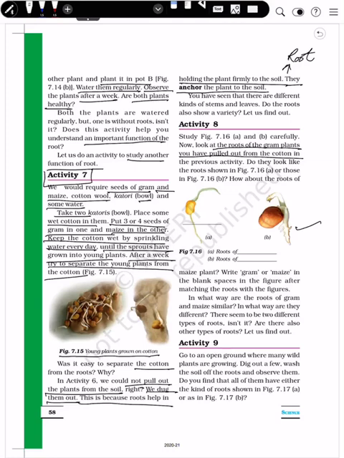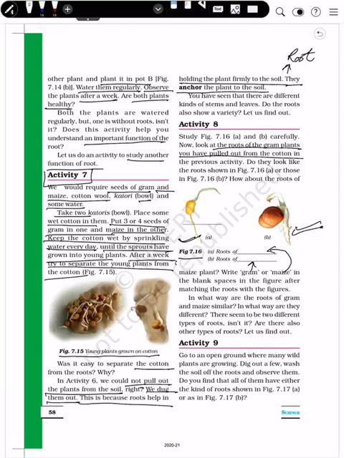In B you can see the roots have the same structure as shown in 7.16b. So this is of the gram plant roots. And in A, that is 7.16a, they are the roots of the maize plant. So gram is B and maize is A.